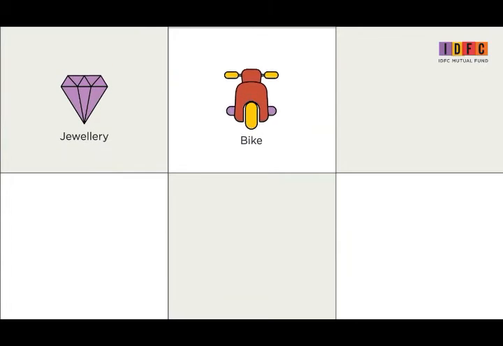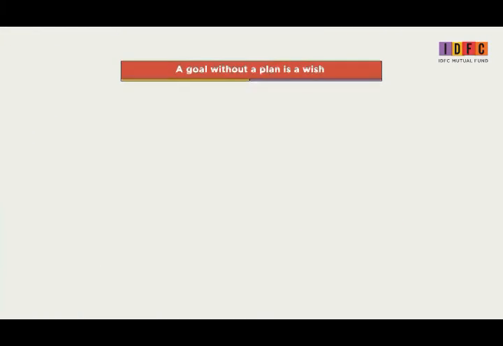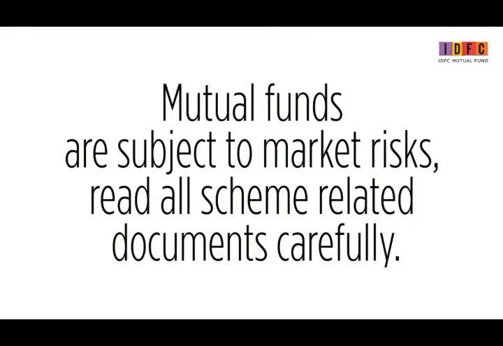The debt framework can act as a useful way to allocate savings and achieve your financial milestones. As they always say, a goal without a plan is a wish. Happy investing! Mutual fund investments are subject to market risks. Read all scheme-related documents carefully.